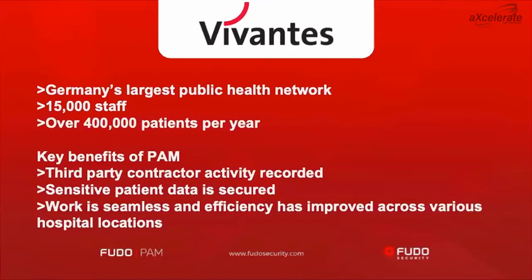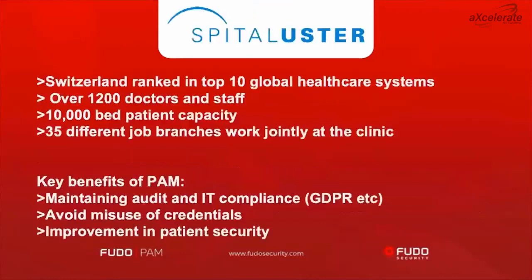There's a very vital component here in Europe, and all different types of organizations, especially the healthcare industry, take that very seriously. Another case from Switzerland. We know Switzerland's healthcare system is one of the top in the world, in the top 10. This particular institution has over 1,200 doctors and staff, again a huge capacity for patients, over 10,000.